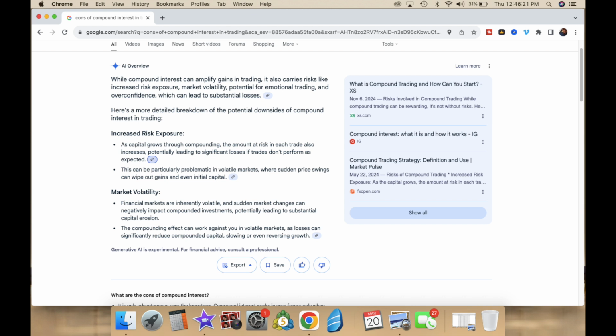And on the flip side, for the cons, you do have increased risk exposure, and then market volatility, which kind of goes back to what I was saying about if there's a news event that happens and your lot size has been increased and it goes in the opposite direction, you will lose a whole lot more versus on the simple interest.